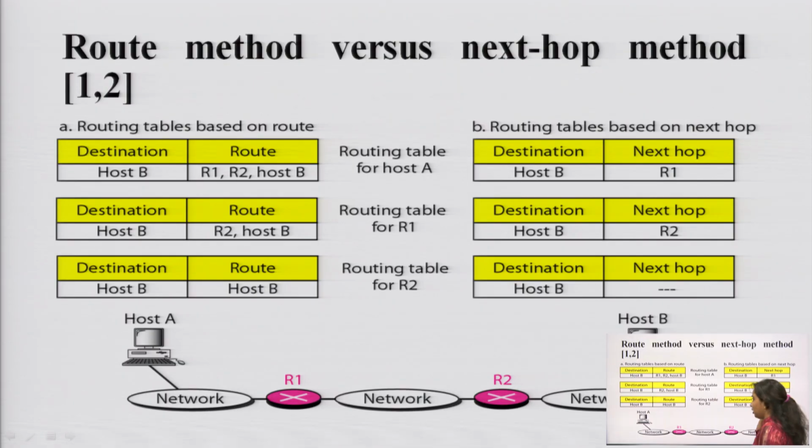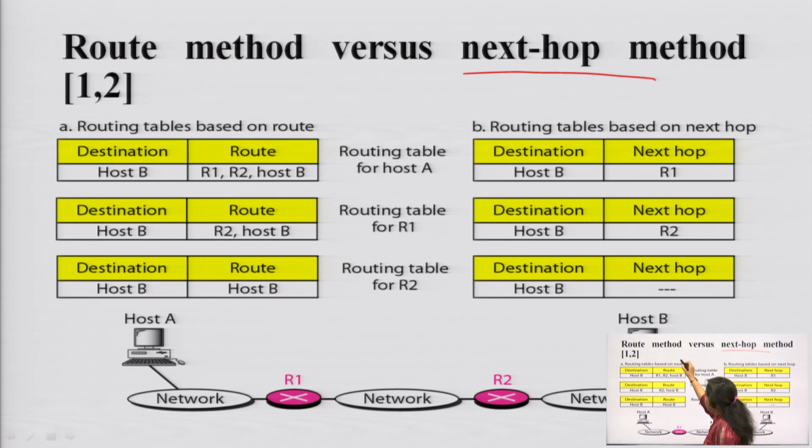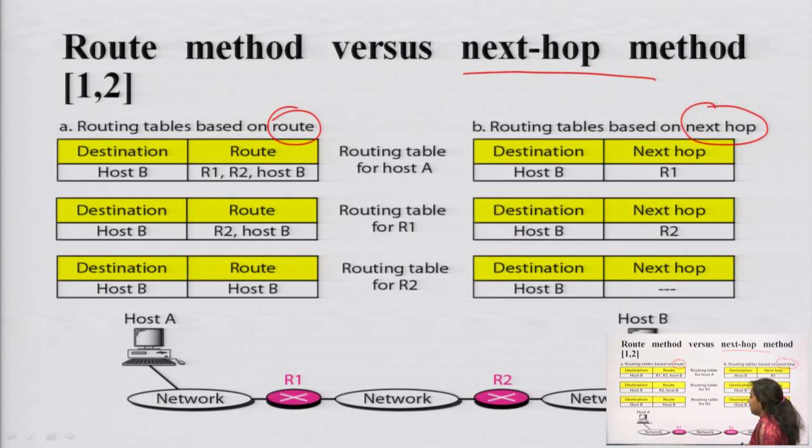Now, this is the routing table which I am talking about, the route method versus the next hop method. What is the difference between the route table which is based on the route and the one based on the next hop? This is the route table based on the routes, and this is the route table based on the next hop. Hop basically means a jump. Let us say there are two intermediate nodes between the transmitter and receiver, like the example shown here.